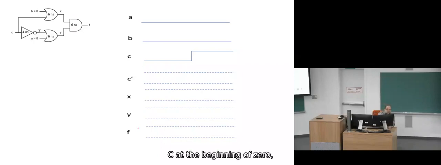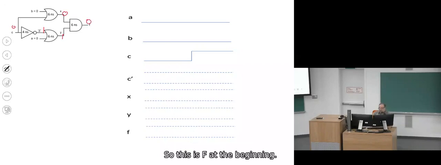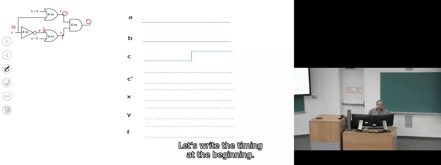So C at the beginning is 0, so C bar would become 1. This is 1 and A is 0, so the OR would be 1. X is 0, and 0 or 0 would be 0, and 0 and 1 is 0. So this is F at the beginning. So let's write the timing.